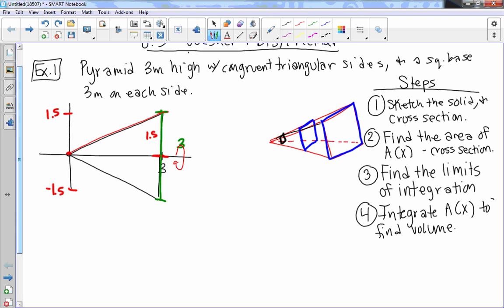That's how it creates a 3-dimensional shape. So we sketch the solid. Let's find the area of any cross-section. Now the cross-sections are going to be changing sizes. So we have a square, because it tells us it's a square-based pyramid. What's the area of a square?